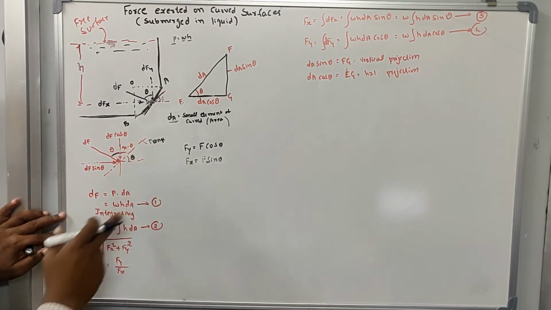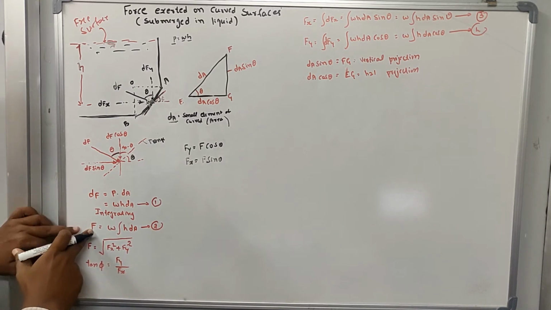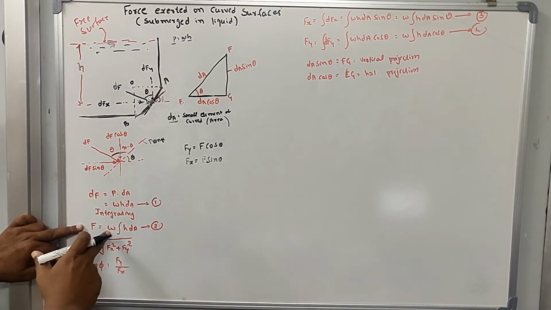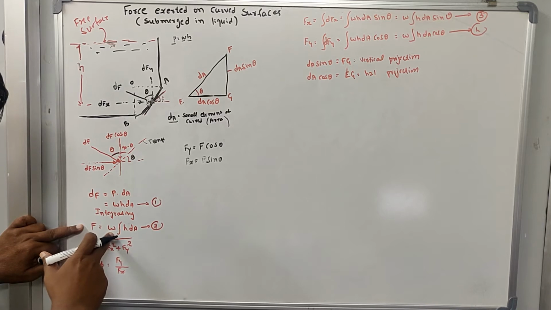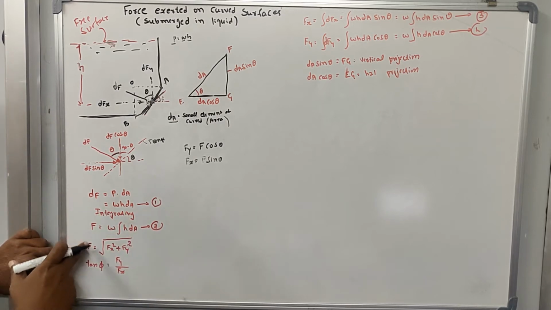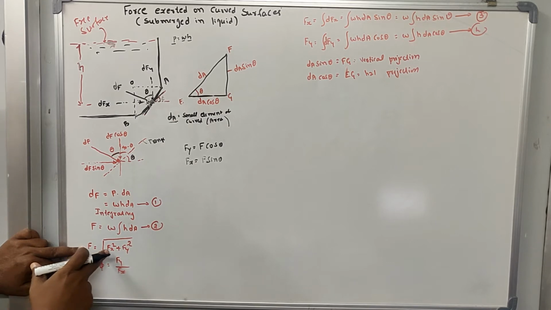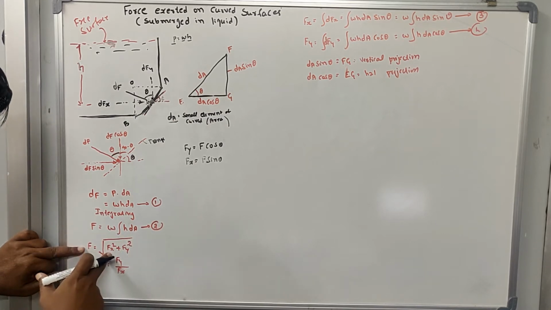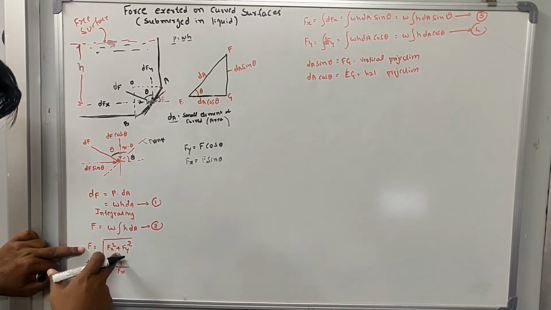So F is equal to what? This is the force exerted on the entire curved surface. F is equal to w integration of h dA. Now, the magnitude of the resultant force F is also equal to the square root of Fx square plus Fy square.